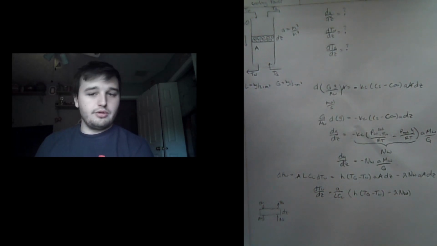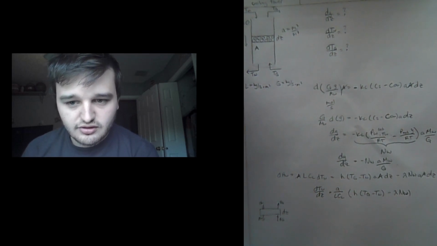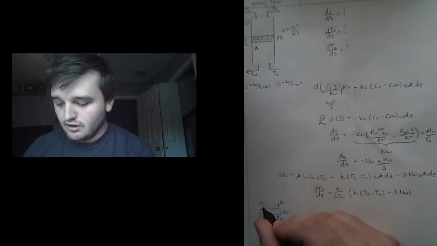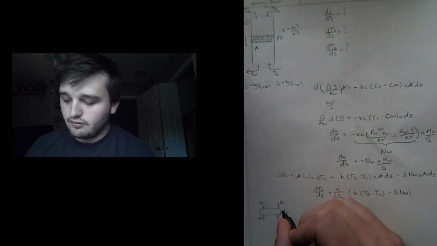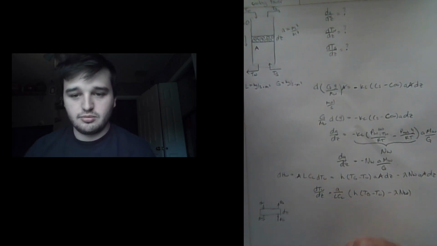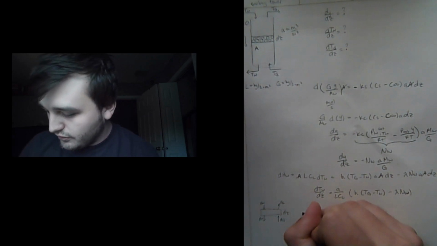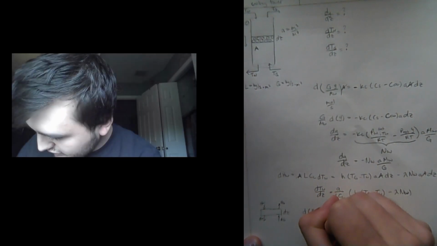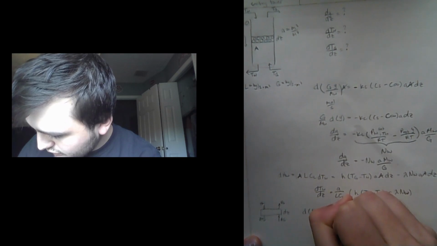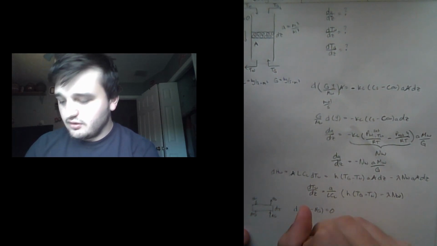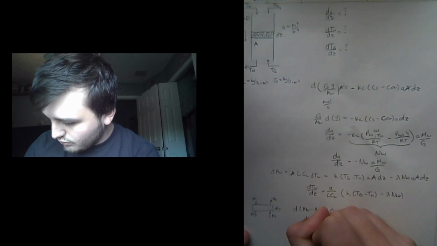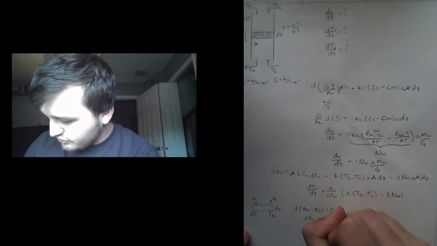Because this problem is steady state, the enthalpy of the water going down minus the enthalpy of the gas going up has to be equal to 0. That's big, because it allows us to say that the change in enthalpy of the water is equal to the change in the enthalpy of the gas.